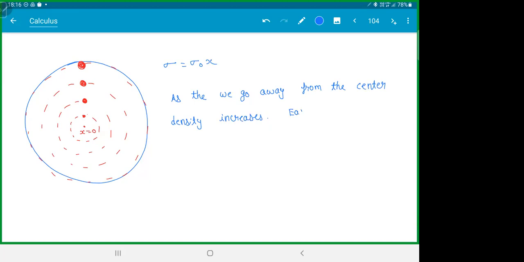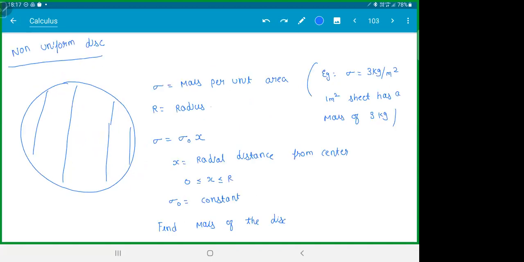So each ring does not have the same mass. Please have a look at this page once. So we need to find the mass. Let me show you one question how to do, and then I'll give you one more like this.